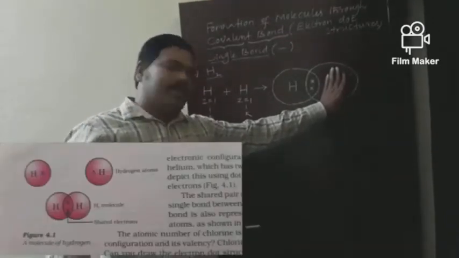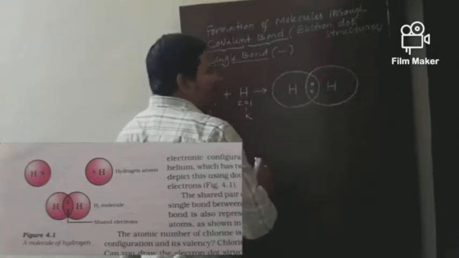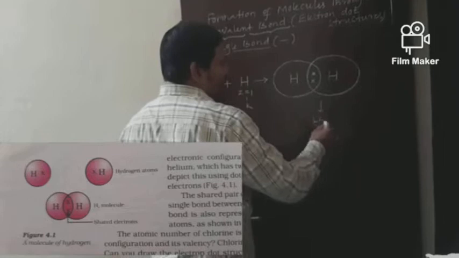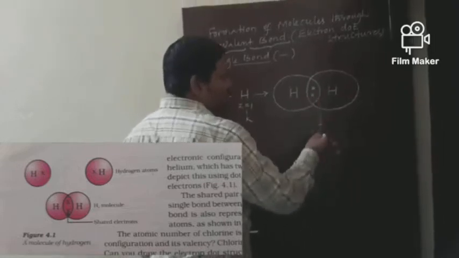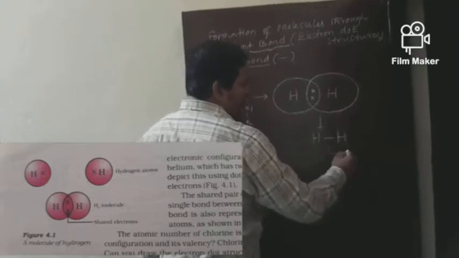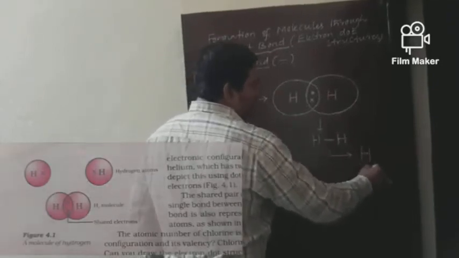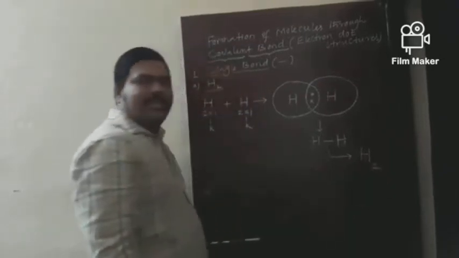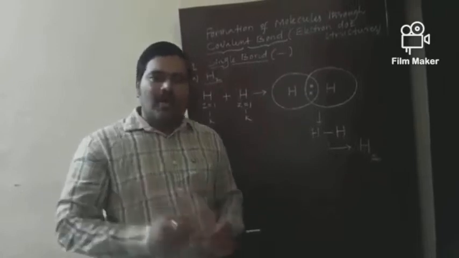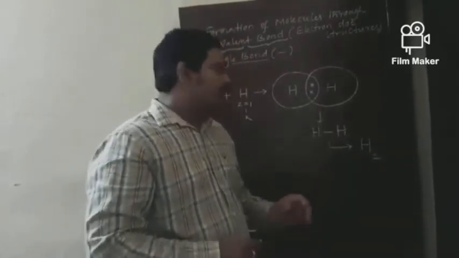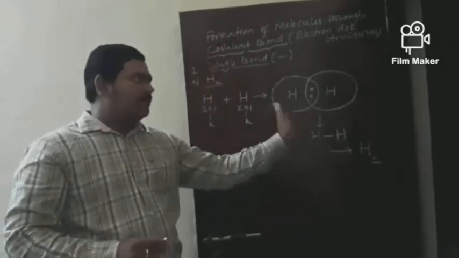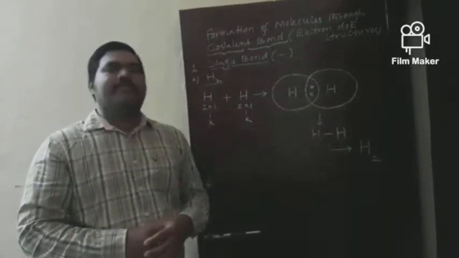And after this bond formation, this one pair of electrons is shown in the form of a single line between the hydrogens, which finally leads to the formation of a hydrogen molecule. Yes. So this is about how a hydrogen molecule is formed through covalent bonding, where sharing of one pair of electrons takes place.